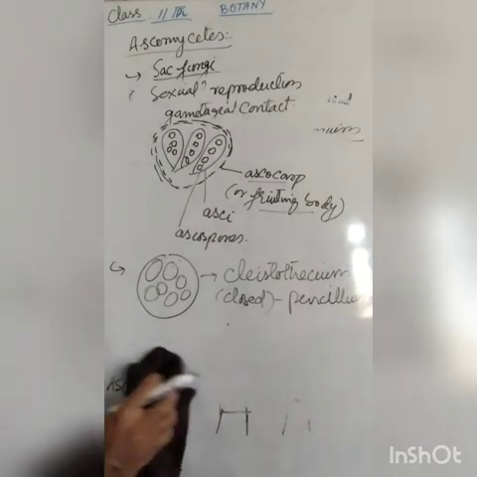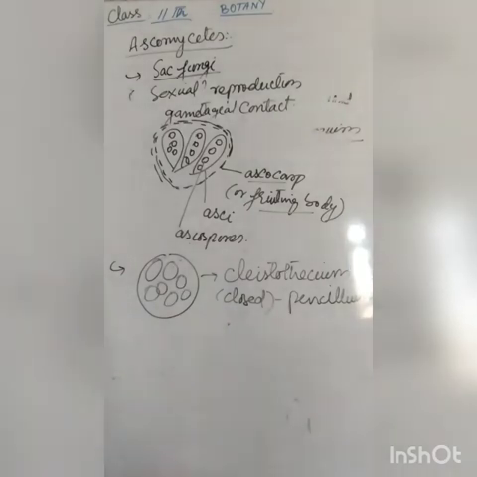And there is another type of fruiting body or ascocarp that is flask shaped like this.